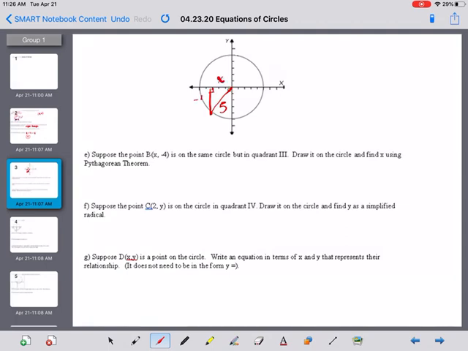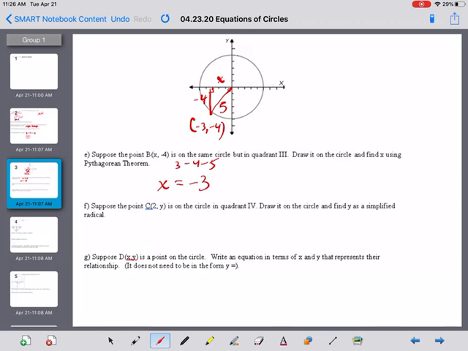The legs are x and 4 for the triangle. You could use the Pythagorean theorem, or you know it's a 3, 4, 5 special right triangle. Now is x positive or negative? Well, to plot the ordered pair, you're going left, so it's negative 3. So that's a point on the circle.